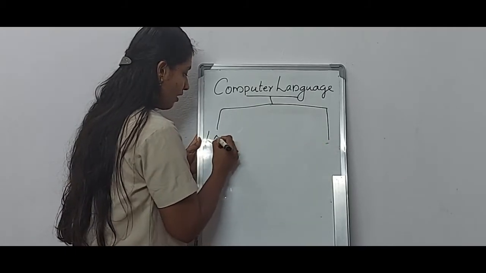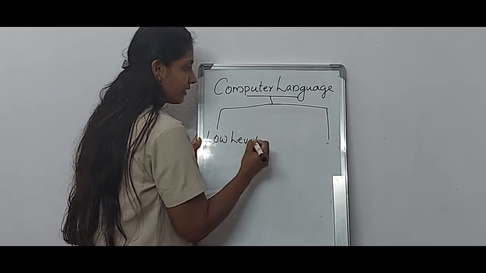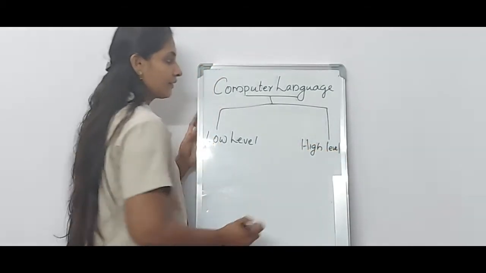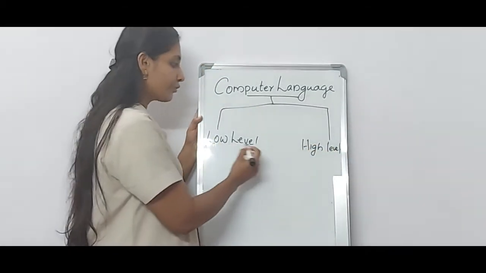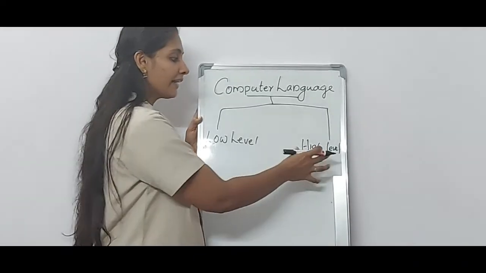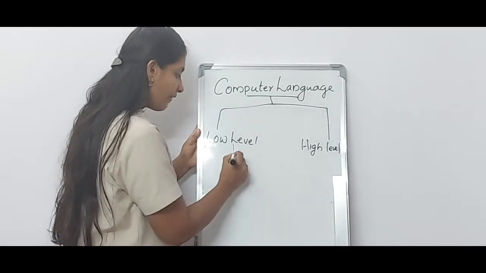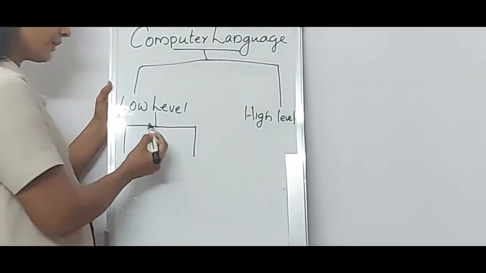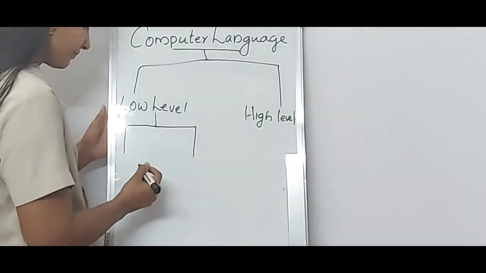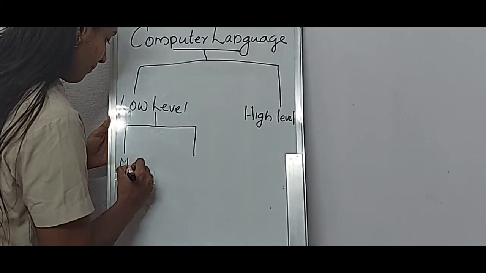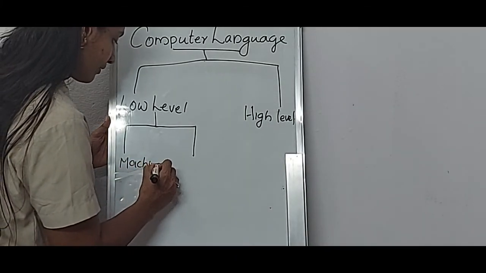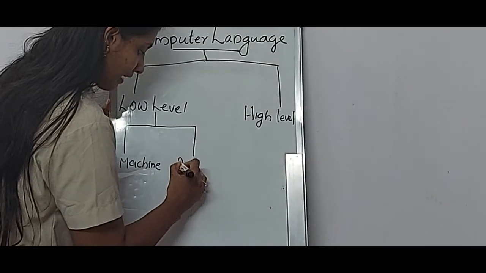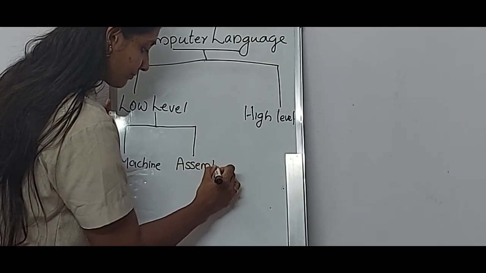That is low level language. Second one, high level language. Computer language is classified into two types, low level language and high level language. Low level language is again classified into two types: machine language and assembly language.